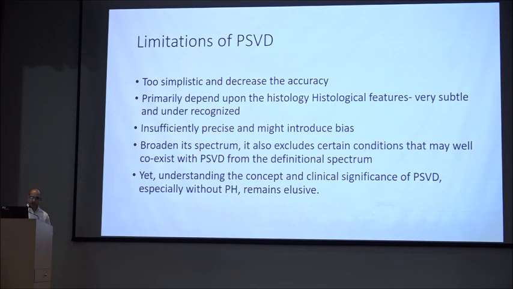It is insufficiently precise because of the under-recognized histological features and might introduce bias. Though it broadens the spectrum, it also includes conditions which may coexist. And yet, the most important thing is that the clinical significance of PSVD is not very well established, especially for those patients without PH. Why should we label them as diseased patients?